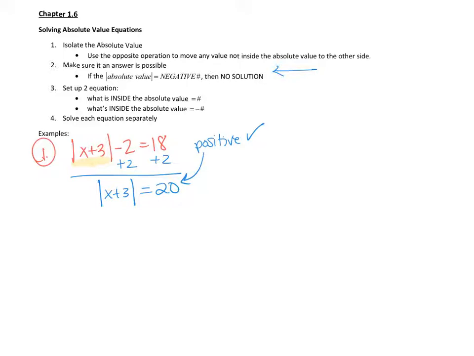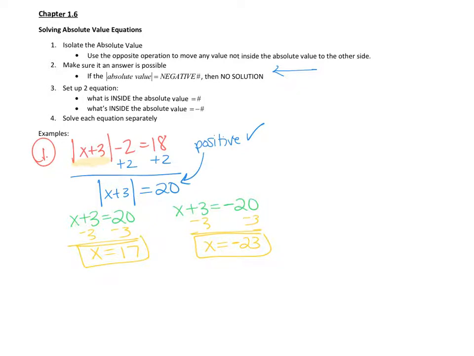So what I mean by that is I'm going to take this x plus 3, and I'm going to set it equal to a positive 20. And I'm going to take that x plus 3, and I'm going to set it equal to a negative 20. Now I'm just going to solve this equation. I'm going to subtract a 3, which would give me x equals 17. I'm going to subtract a 3, which gives me x equals negative 23. Okay? Pretty simple once we get the idea of what's going on.